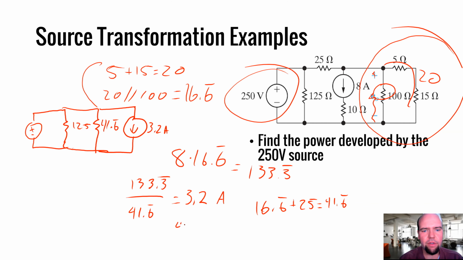So we have 41.6 in parallel with 125. It's 31.25.